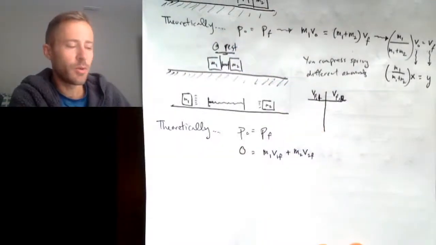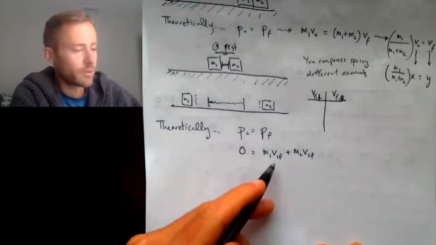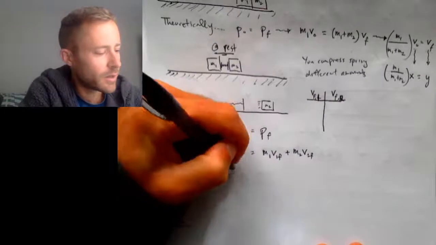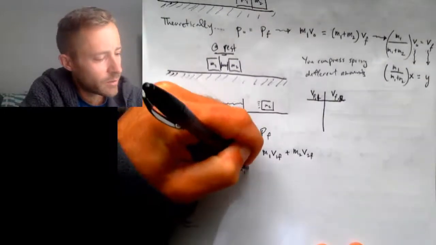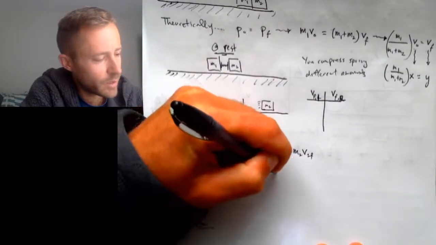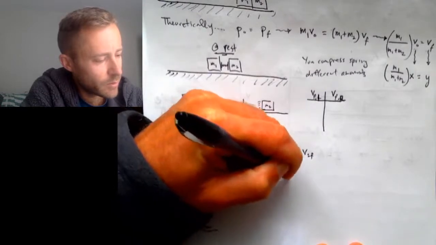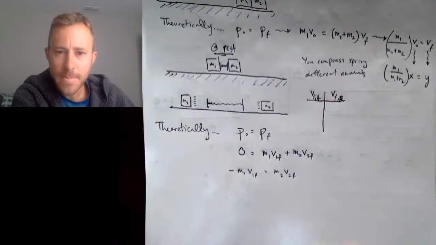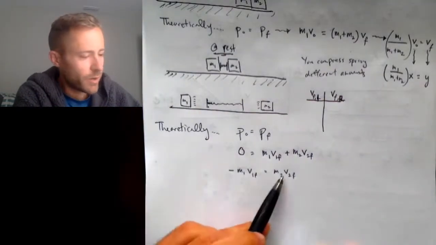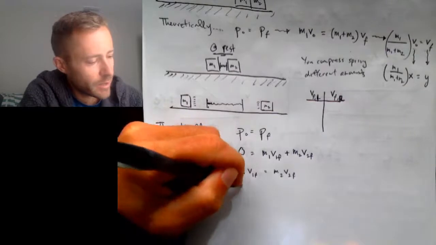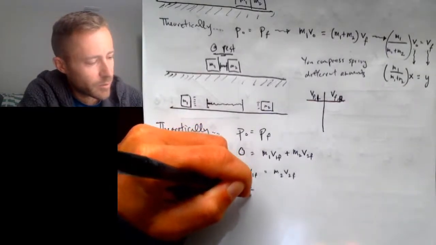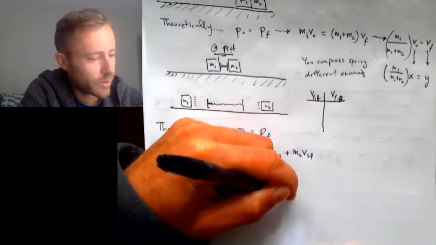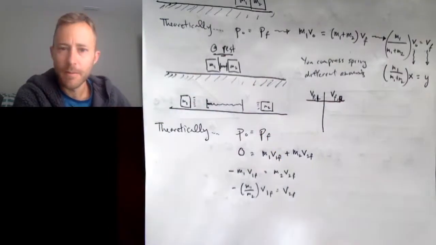So then I can subtract this over, and I get minus m1 v1 final equals m2 v2 final. All right? And then I divide both sides by m2. I get minus m1 over m2 times v1 final equals v2 final.